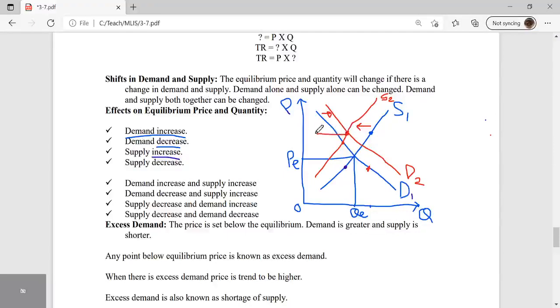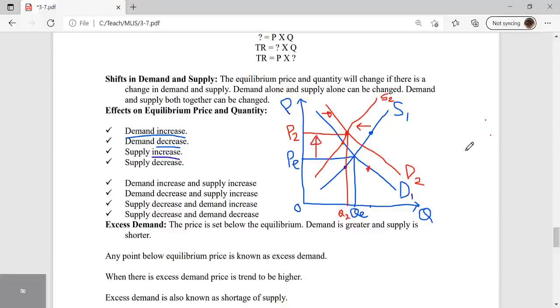So the new equilibrium price will be here, P2, and the equilibrium quantity will be here, Q2. So the overall effect will be like this. Price will increase.